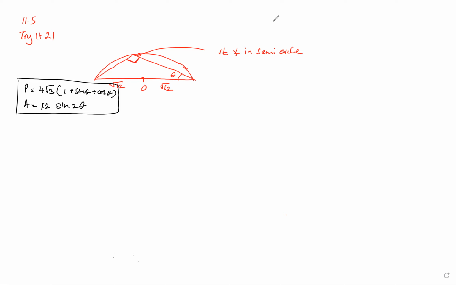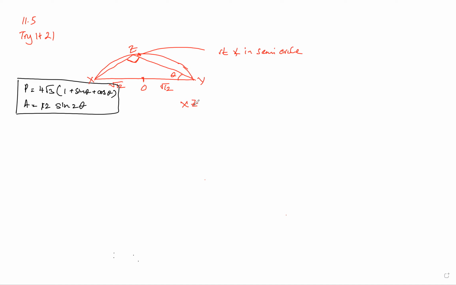Okay, we need to get the perimeter. So what can we deal with first? Maybe we can find the perimeter of the triangle, right? So this is your X, Z, and this is your Y. So what is XZ? That's your O, right?